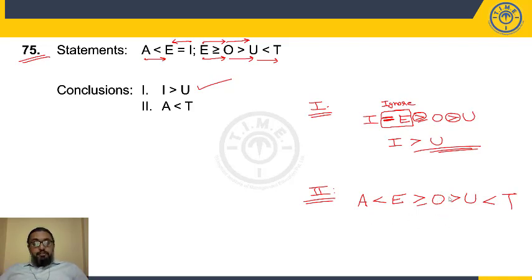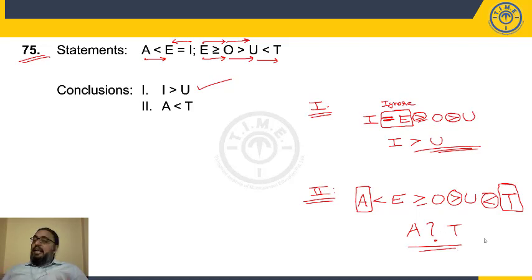Now this is the relation you have between A to T. If you observe carefully, you have opposite inequalities between the elements that are asked in the conclusion. Whenever you have opposite inequalities like this, you can directly say that there is no conclusive relation between A and T. I do not know exactly what we are going to get. So you cannot specify one inequality like this.